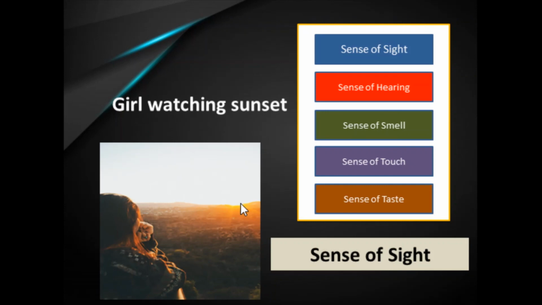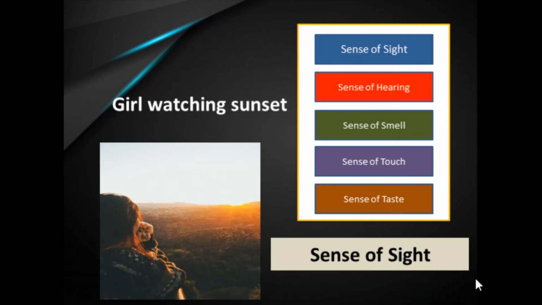Okay, so you understand the different sensations and the responsible nerve cells that transmit the signals to the brain. You have the sense of sight, sense of hearing, sense of smell, sense of touch, and the sense of taste.